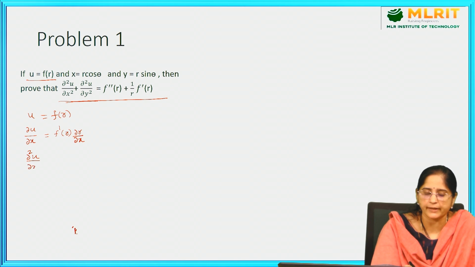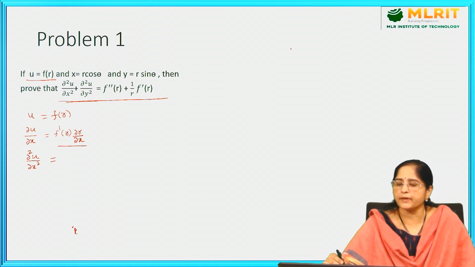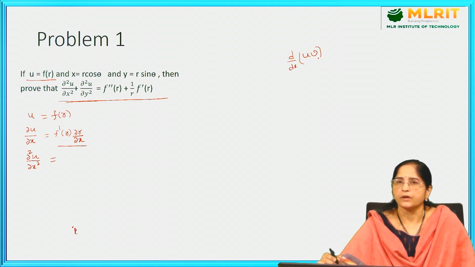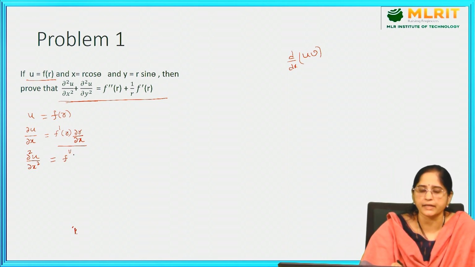Dou square u by dou x square equals, here we use the uv rule. This is u and this is v. The derivative of uv is u dash into v plus u into v dash. We can apply this. The derivative of f dash of r is f double dash of r, again into the derivative of r, dou r by dou x.